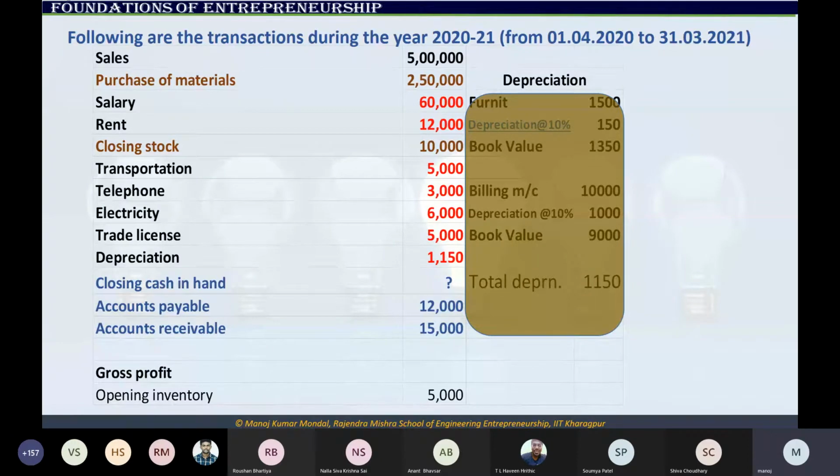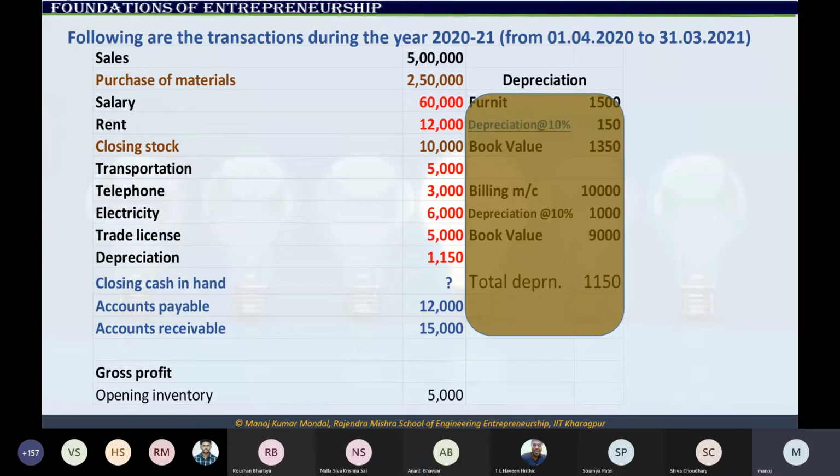Now, before you even sit down to estimate the profit, the first thing just before that is to estimate the depreciation. Depreciation is the contribution of the machine to the current year's business. Your machinery, all your fixed assets, they contribute to the business. They facilitate the business. Now, what is their contribution during the current year is depreciation, because gradually they will lose value.